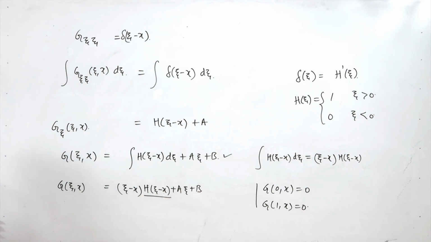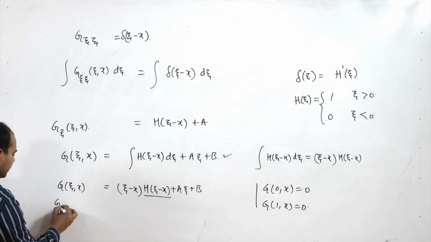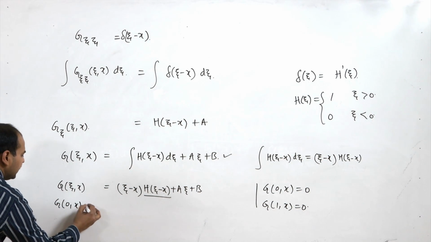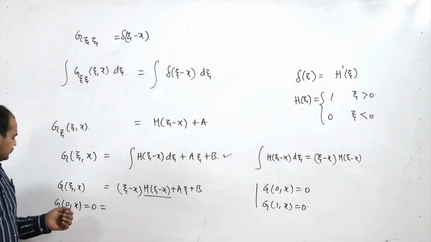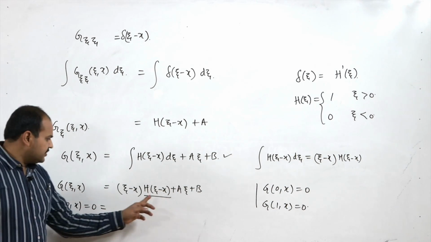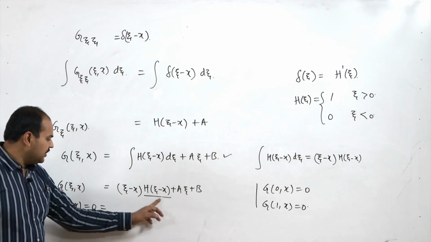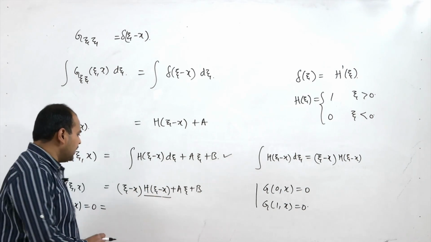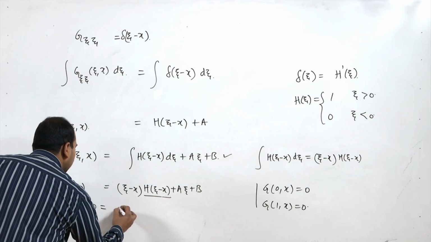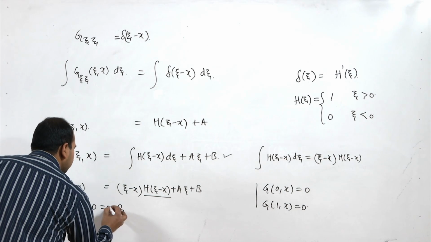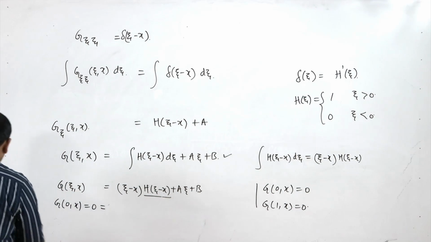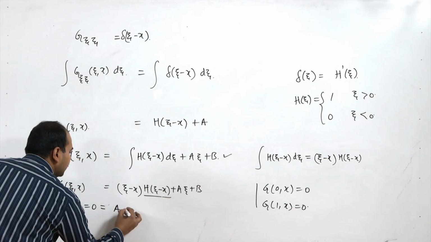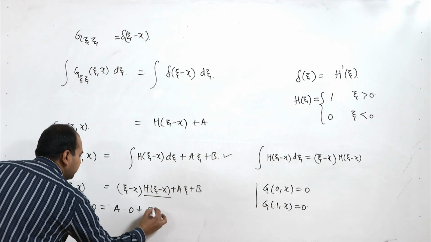Put g(0, x) equal to 0. Then when we put ξ as 0, this argument is going to be negative, so H will be 0, and you can simply write it as a into 0 plus b.